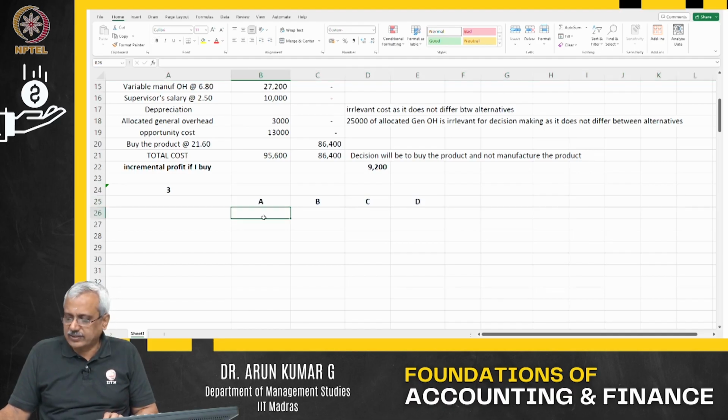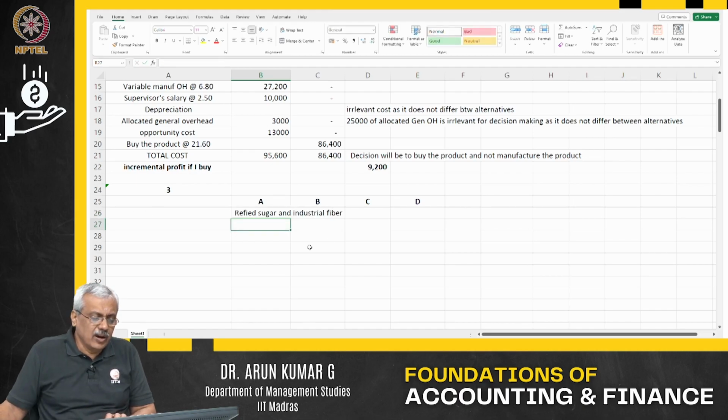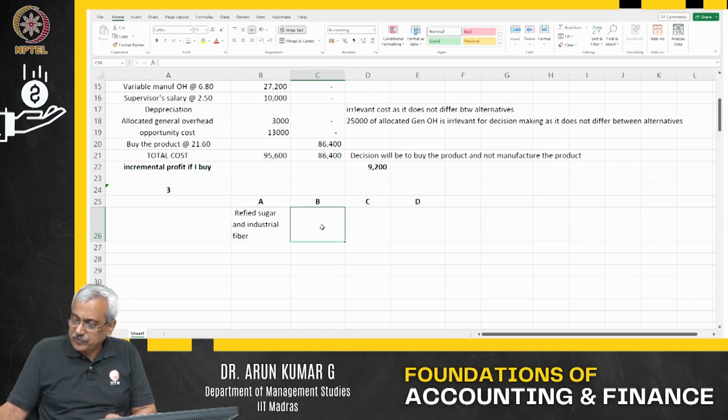In alternative A, I get refined sugar and industrial fiber. Now, these are basically the outputs. What I am going to get is what I am writing out here.